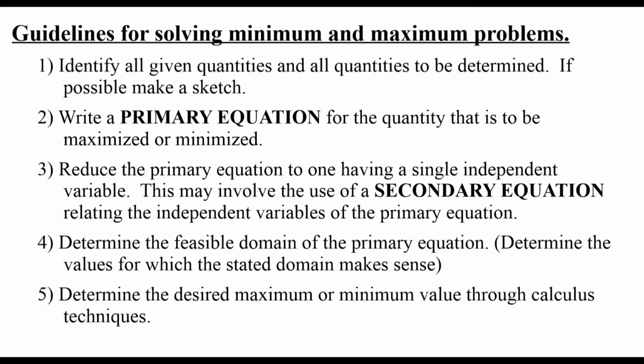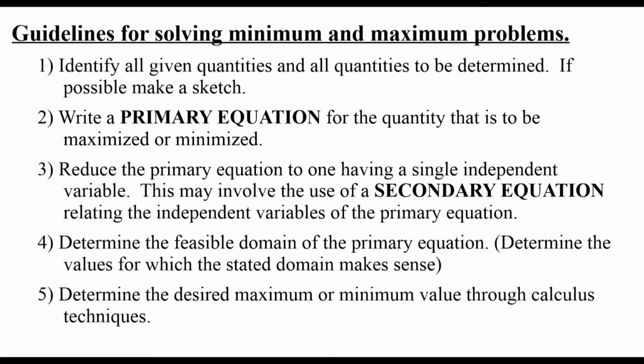So let's talk about the guidelines that we're going to use for solving these maximum, minimum, or optimization problems. First thing you want to do is read through the entire question, and then identify all of the quantities and the quantities that need to be determined. Sometimes they could give you two or three pieces of the equation, and you might have to solve for a third.